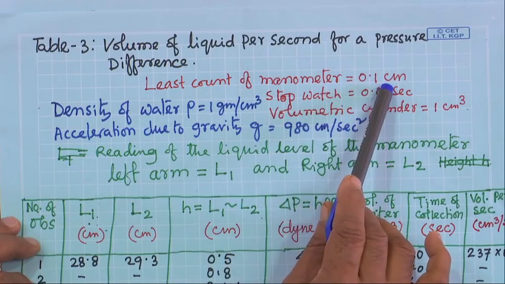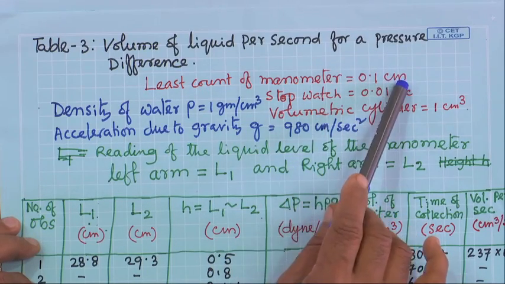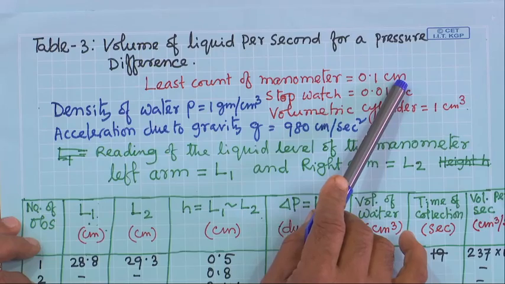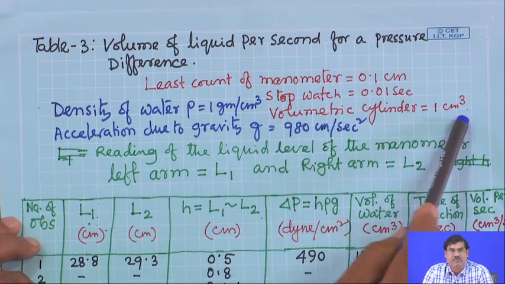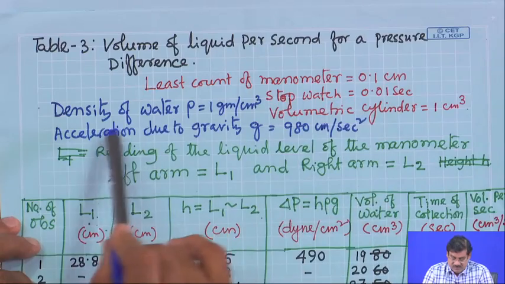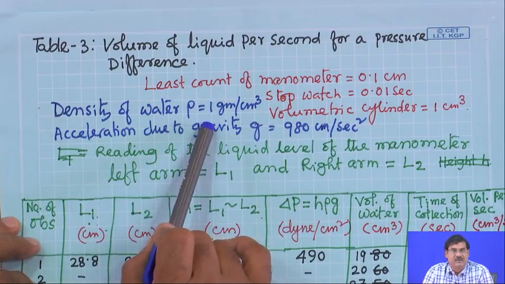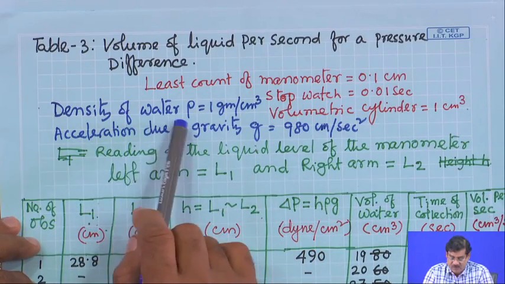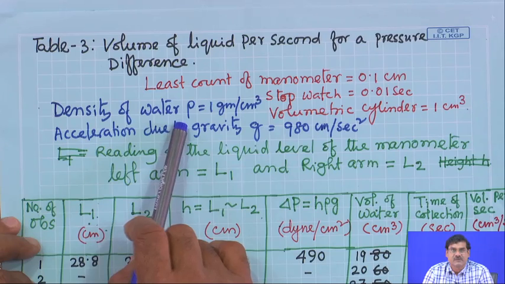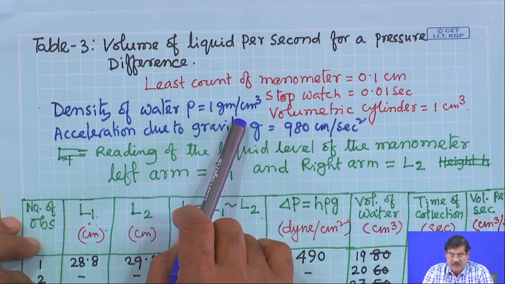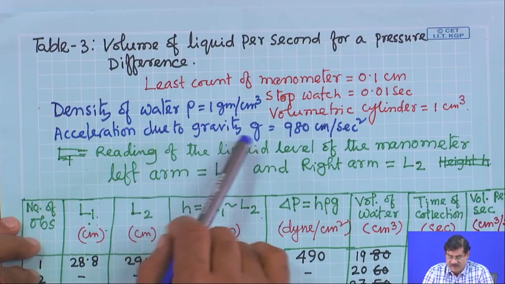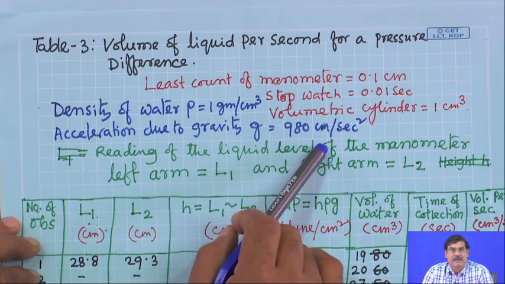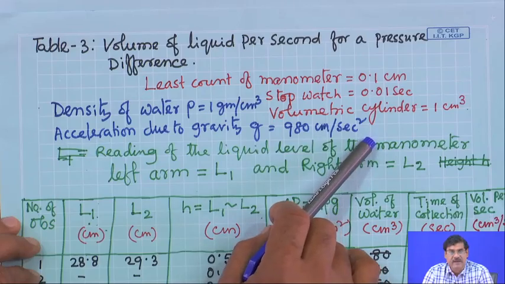We have to note down the least count of it on the top of the table, and that I have done. Also in this table we need the density of water, rho equal to 1 gram per centimeter cube. Also we need g, that is 980 centimeter per second square.